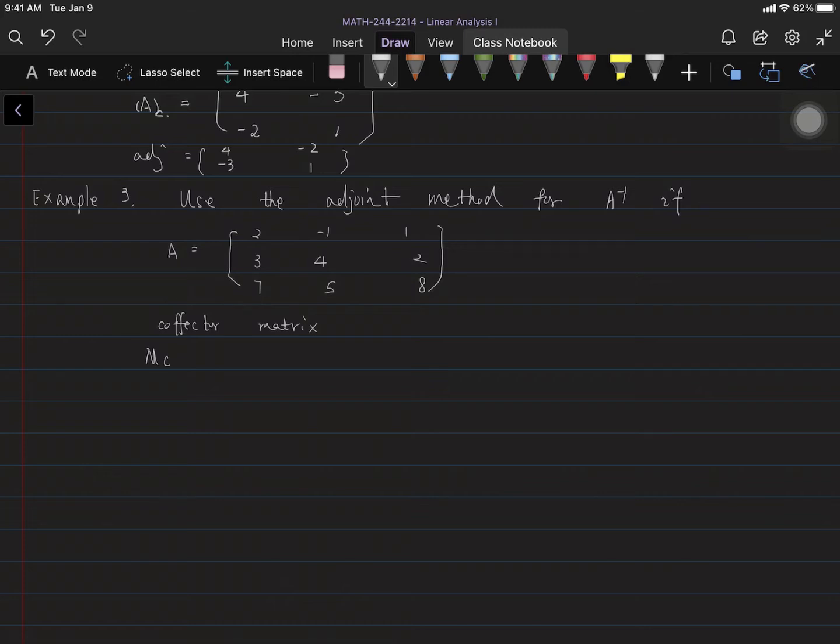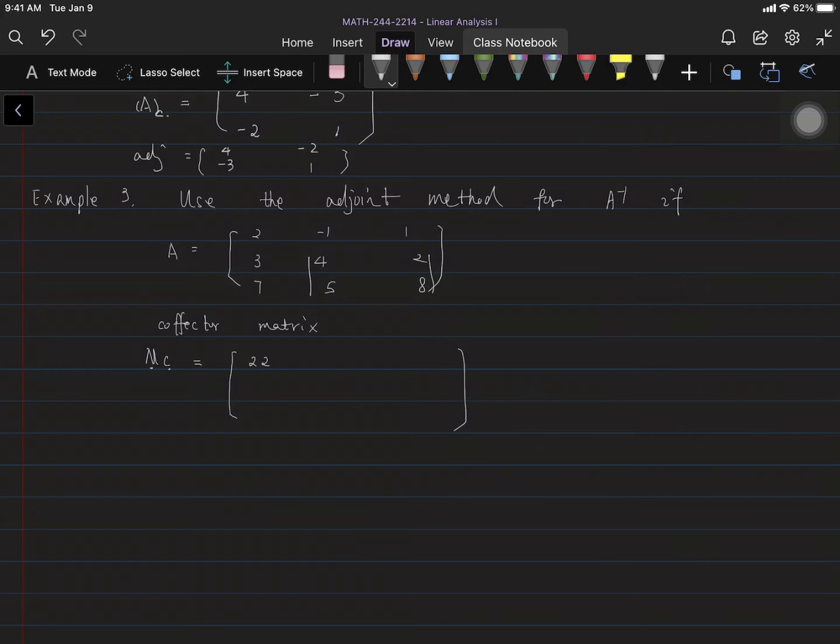So let's find the cofactor matrix first. So we do M means minor matrix, C means cofactor. So let's see. For the number 2, the cofactor should be negative 1 to the 1 plus 1, so should be positive, and then do this determinant. So should be 32 minus 10, 22.